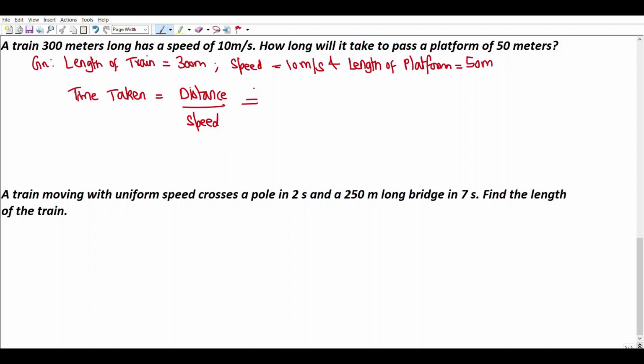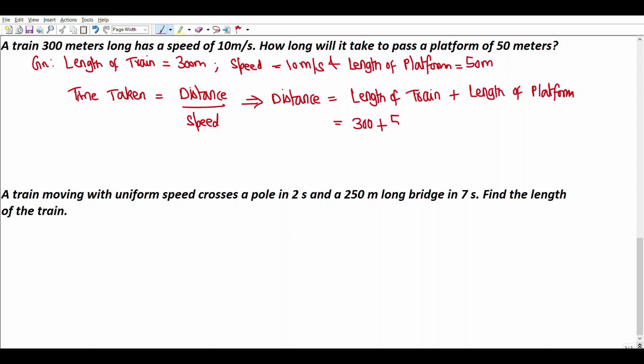Whereas in this case, distance is equal to length of train plus length of the platform. Since the platform's length cannot be neglected, we have to consider it in the case of distance traveled by the train. Therefore, 300 plus 50 will give 350 meters.